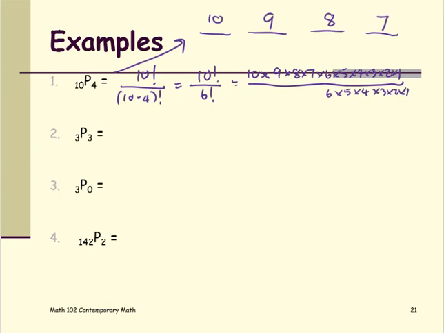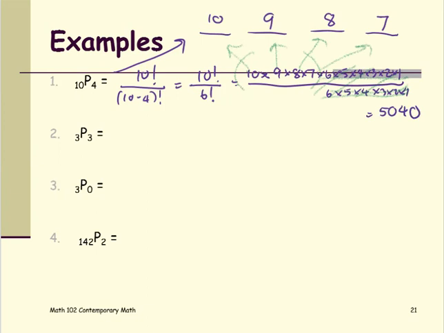As you see, the product from 6 down to 1 is going to cancel out. That means you are going to find the value of 10 times 9 times 8 times 7, and the result comes out to be 5,040.